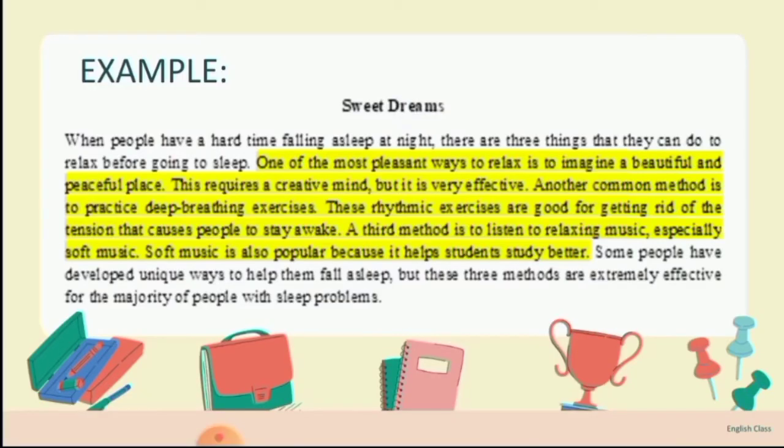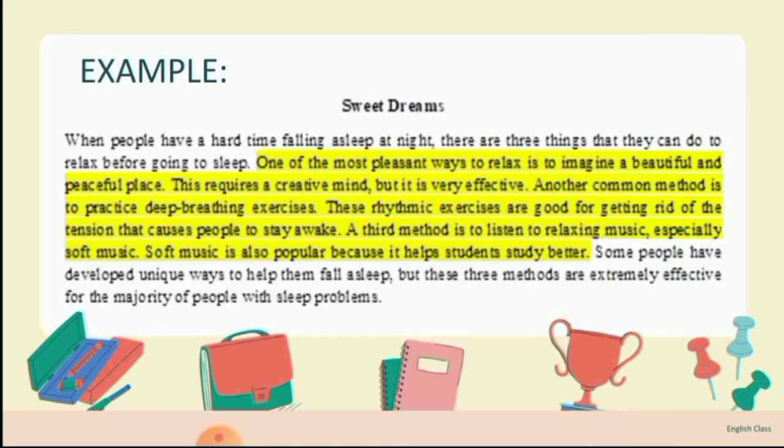We have the same example. Okay, so one of the most pleasant ways to relax is to imagine a beautiful and peaceful place. This requires a creative mind, but it is very effective. Another common method is to practice deep breathing exercises. These rhythmic exercises are good for getting rid of the tension that causes people to stay awake.